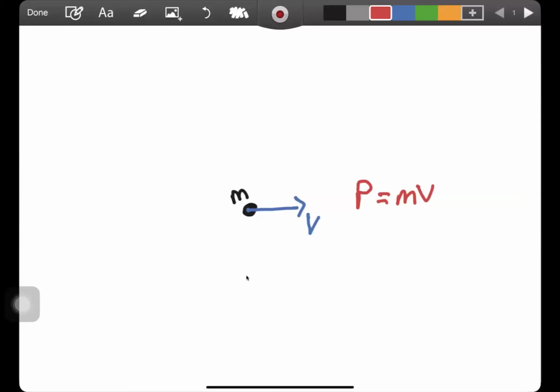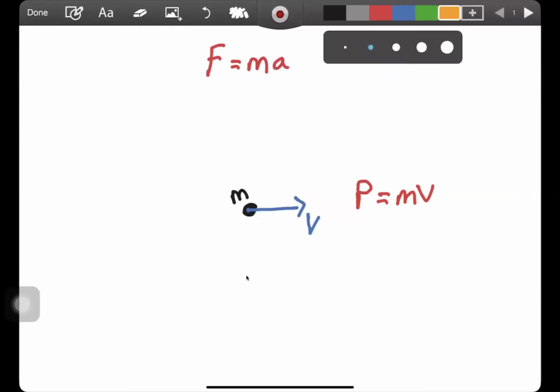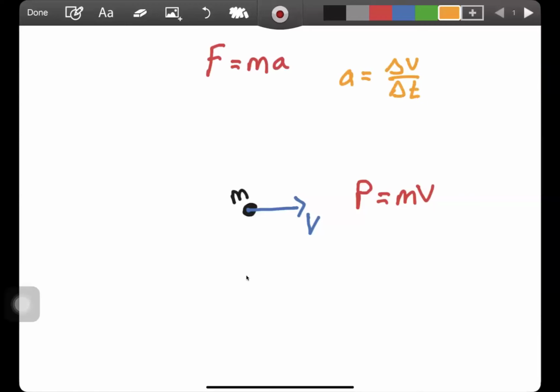And so remember, force equals mass, so again, there's that inertia, times acceleration. Okay. Well, what was acceleration? Acceleration is equal to the time rate of change of velocity.